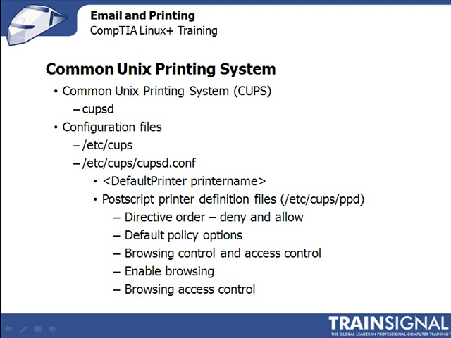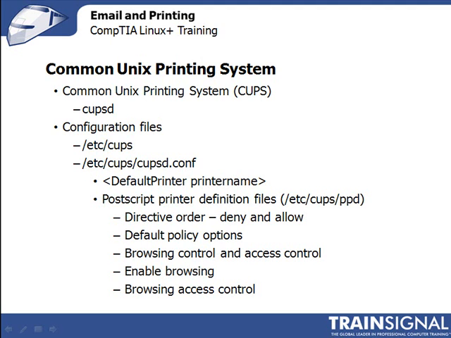cupsd.conf configuration file. The format for each entry is simply default printer followed by the printer name enclosed in angle brackets. Each printer definition contains information on the printer's location and things like status and other options. And additional options are stored in PostScript printer definition files, named after the queue and stored in /etc/cups/ppd.